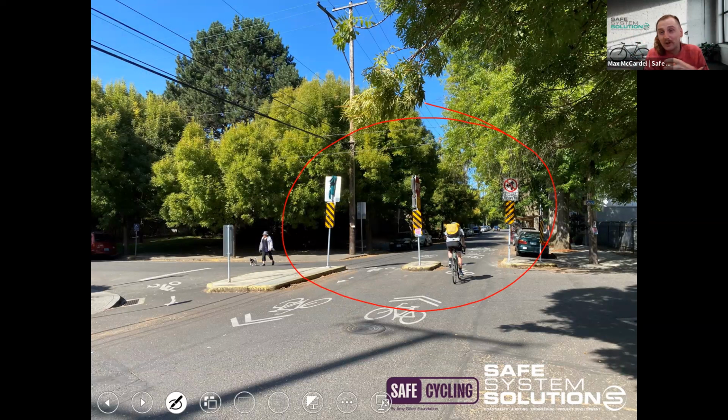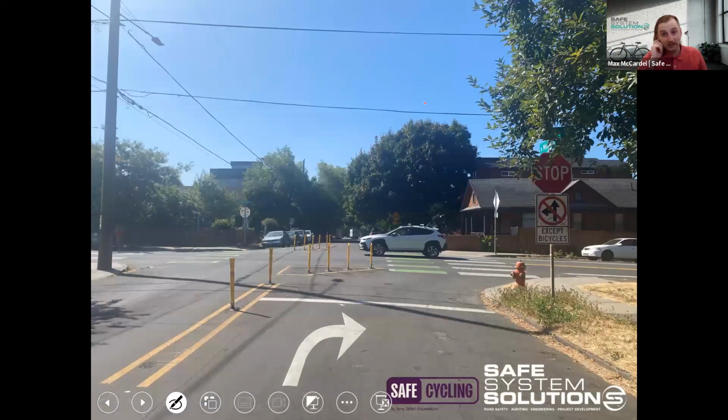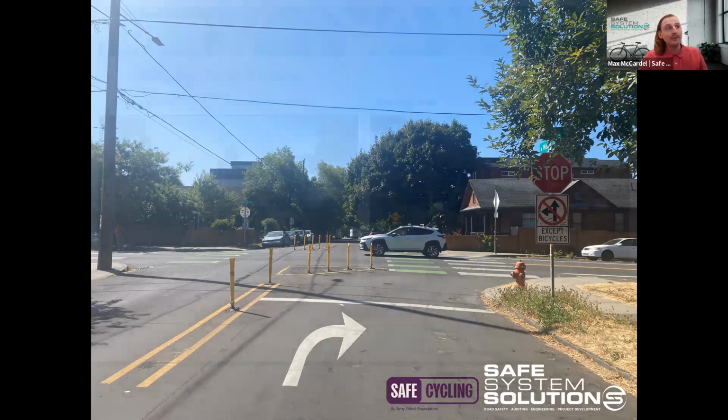So that's the super common thing. Every few blocks, you're not going to get rat running or anything like that because you've got these partial closures. And another similar example there in Portland where vehicles have to turn right, but cyclists can head straight through this intersection.